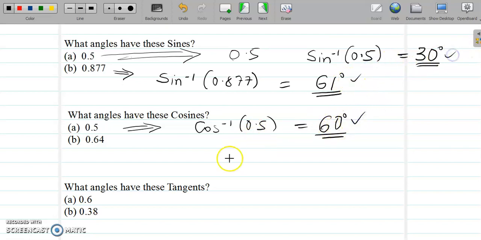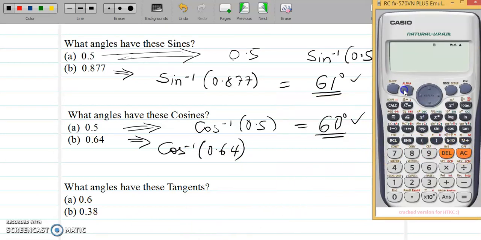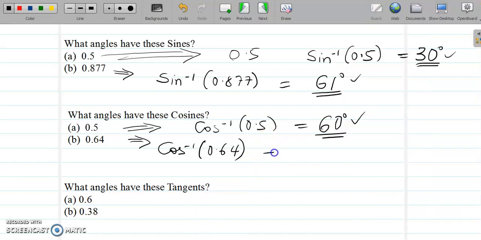Get that? Okay. Now also the angle that gives us this, we have cos inverse of 0.64. Shift cos, cos inverse 0.64, close your bracket, equal to, you see 50, approximately to the whole number. So that gives me 50 degrees.